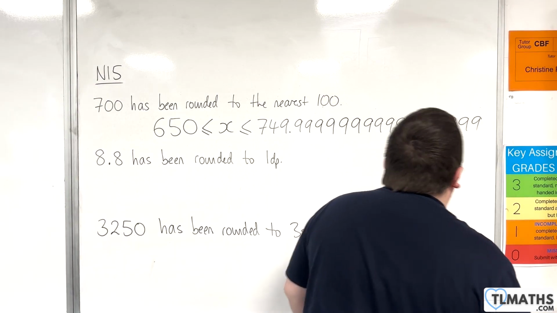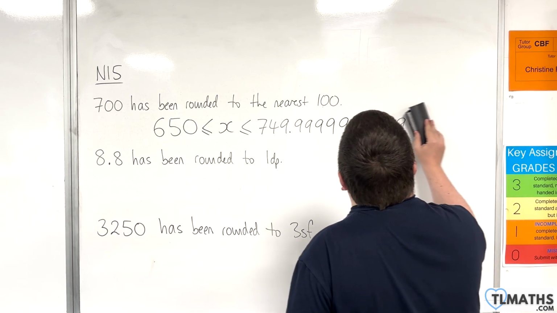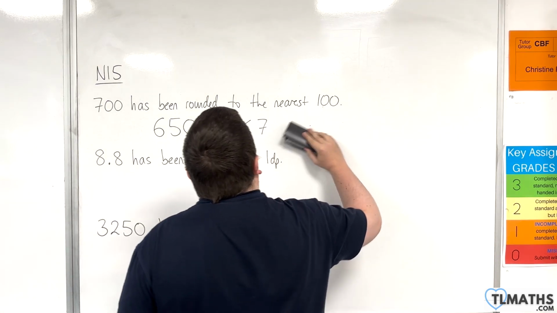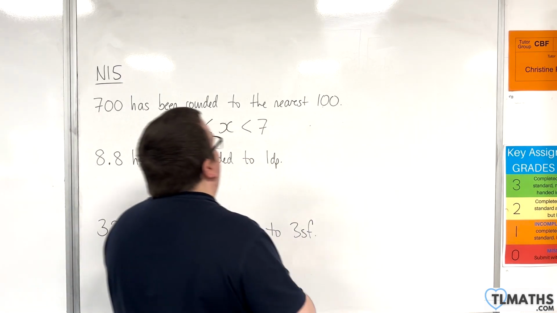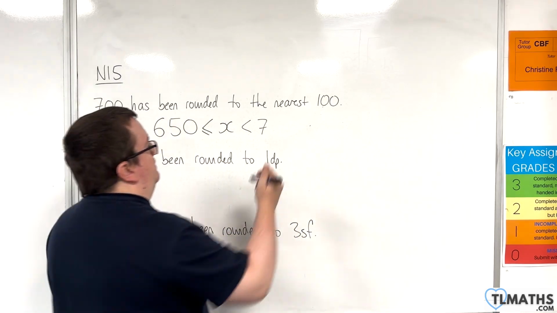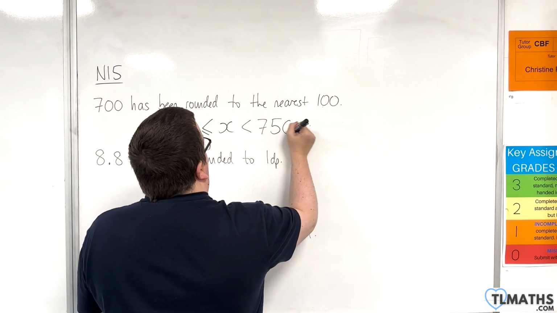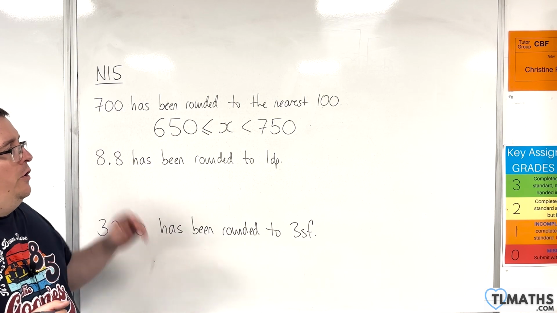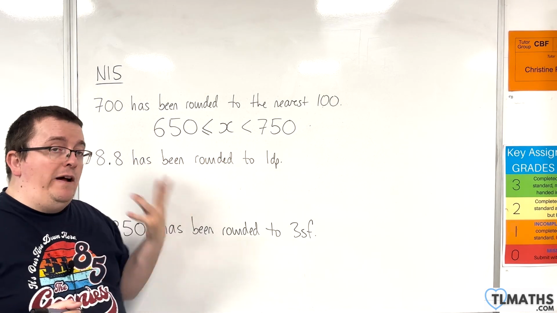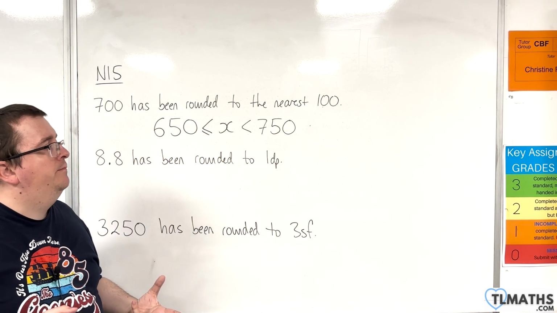So rather than doing that, what we do is we write down the value that it has to be less than. It has to be less than 750, because 750 will round up to 800.